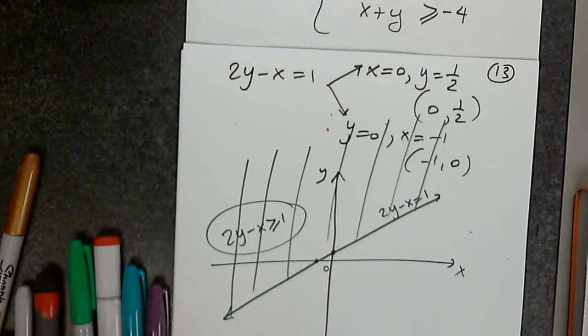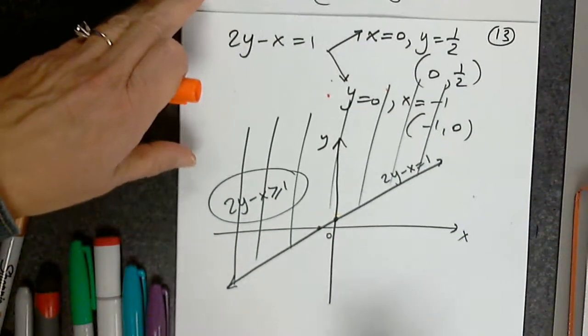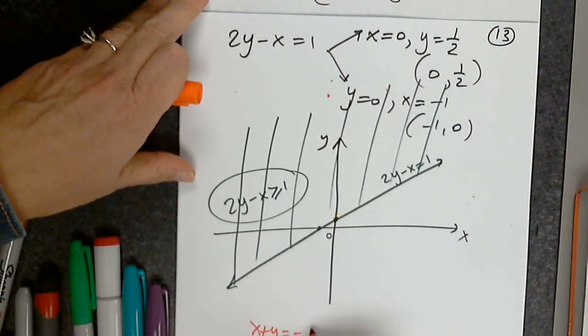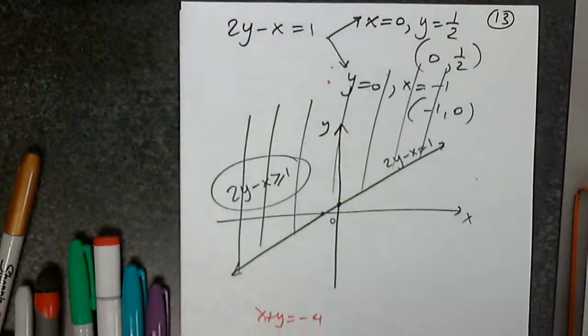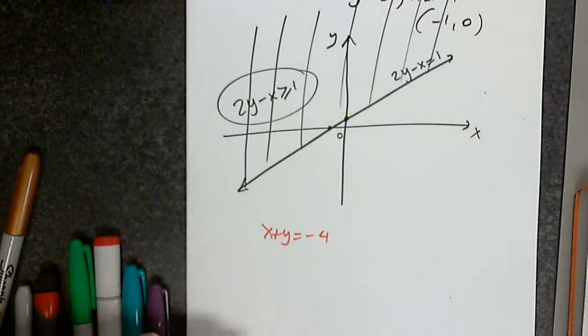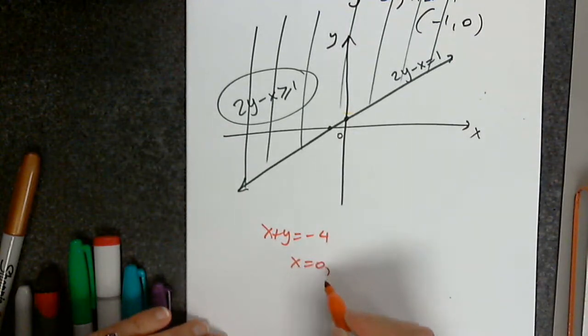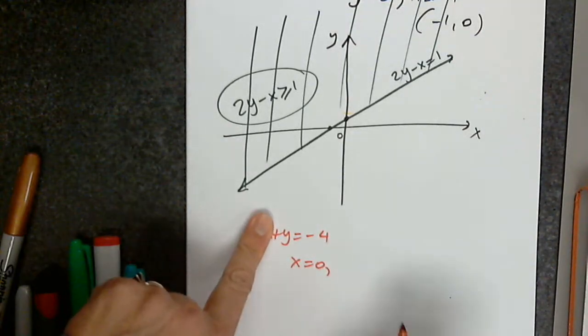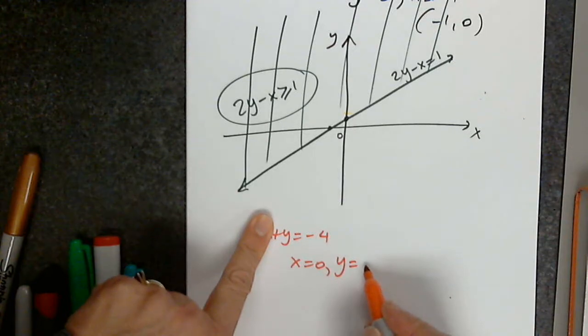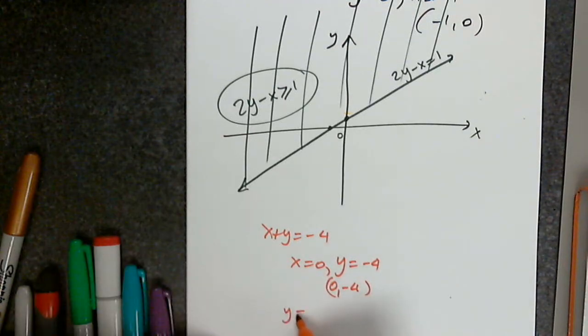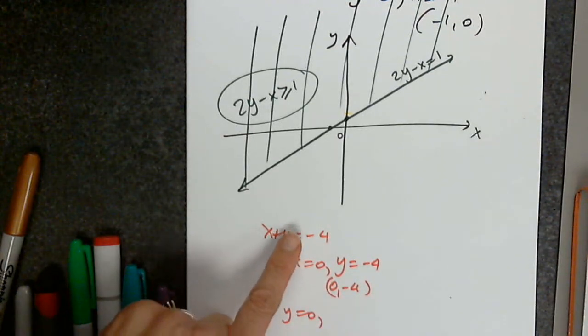I repeat the steps with the other inequality. X plus y equals negative 4. When x is 0, y is negative, right? So 0, negative 4. When y is 0, I cover it.